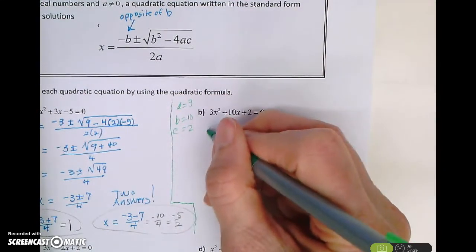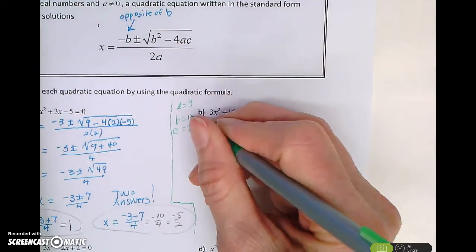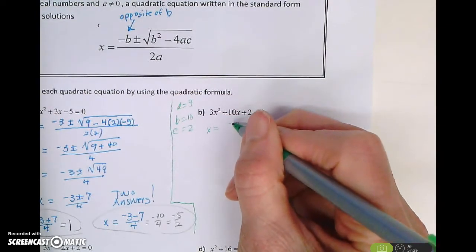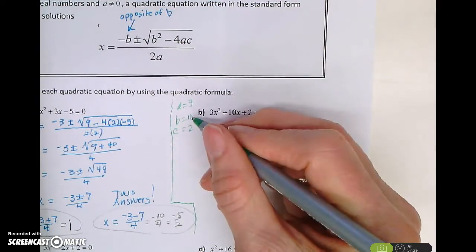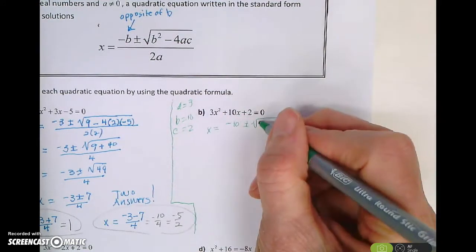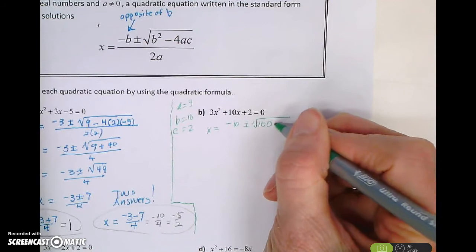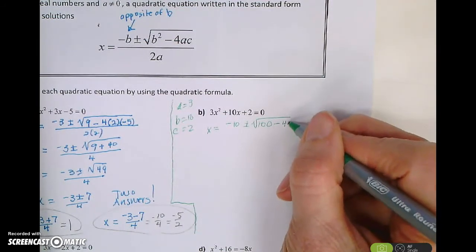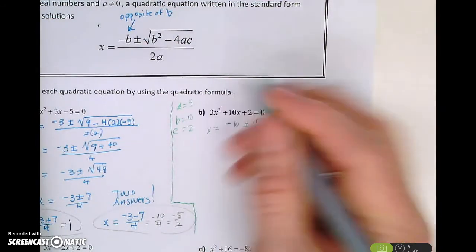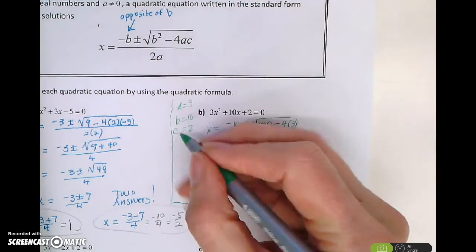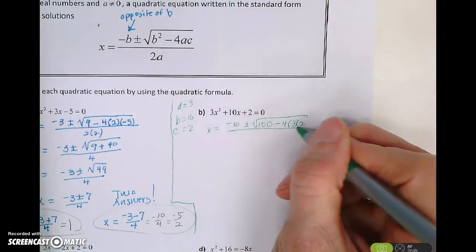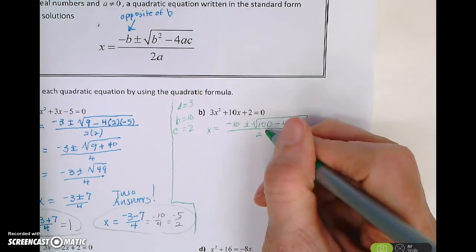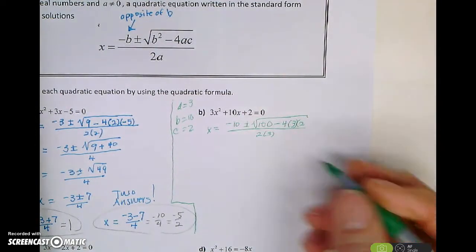So filling into our formula, x is equal to the opposite of b, so that's going to be a negative 10, plus or minus the square root of b squared, so 10 times 10 is 100, minus 4 times a, which is 3, times c, which is 2, all over 2 times a, so 2 times 3.